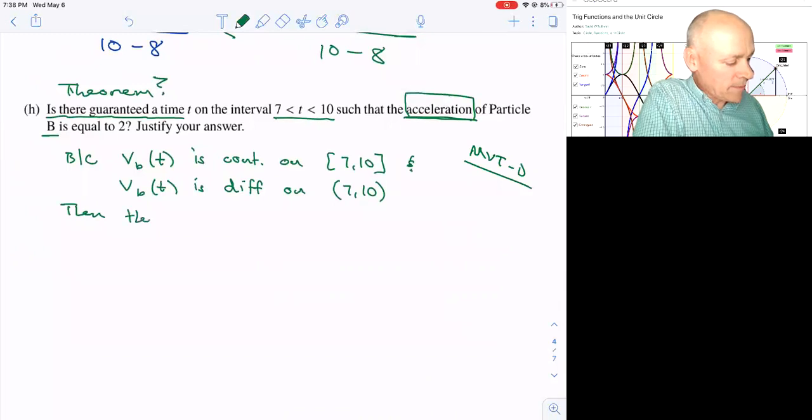I'm just going to say because these two conditions are met, then there is at least one, and it's a t value this time.